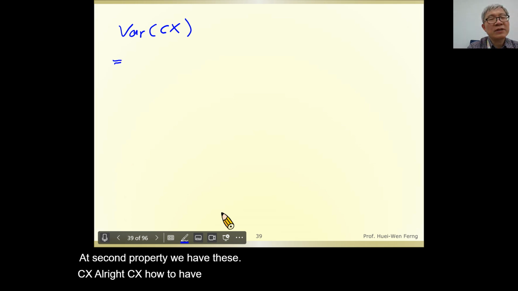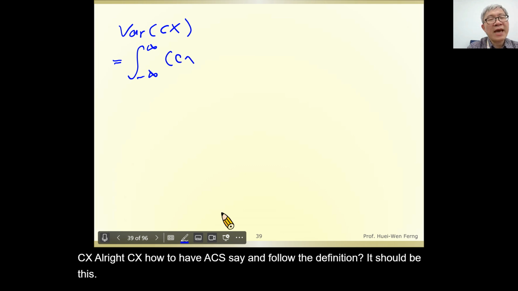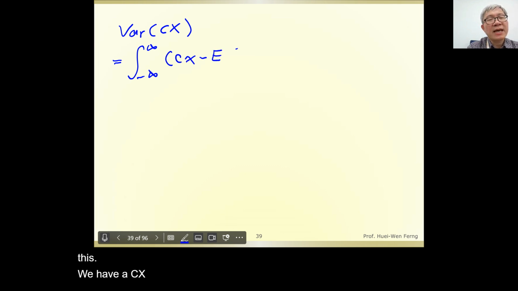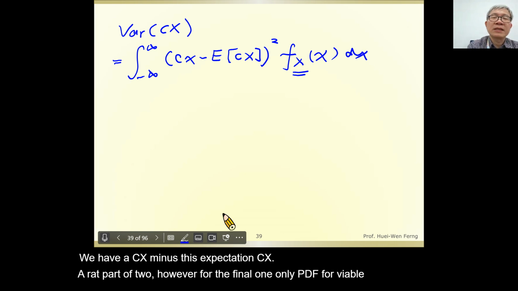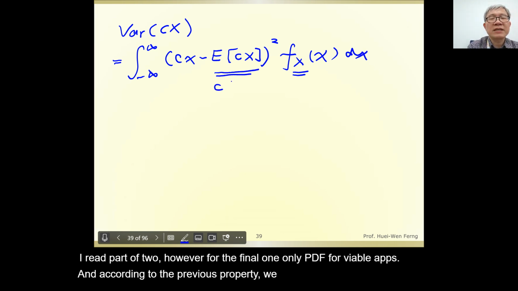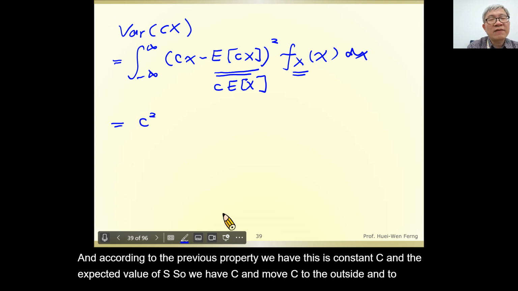Same, follow the definition: we have cX minus the expectation of cX, raised to the power of 2, with only the PDF for variable X. And according to the previous property, we have the constant c and the expected value of X. So we move c to the outside of the integral.